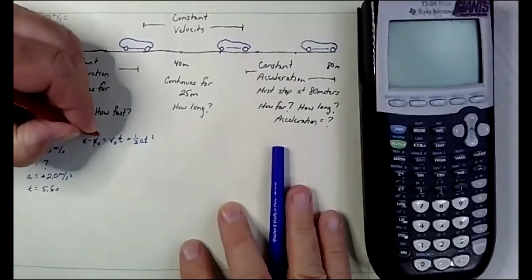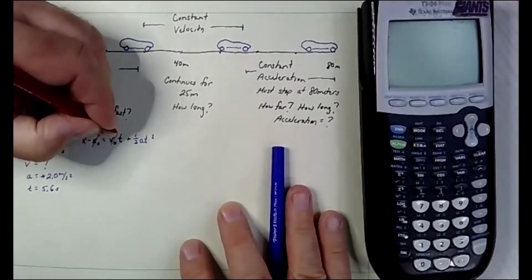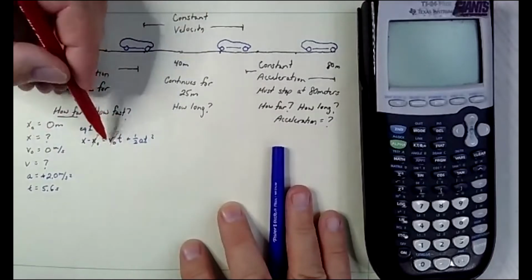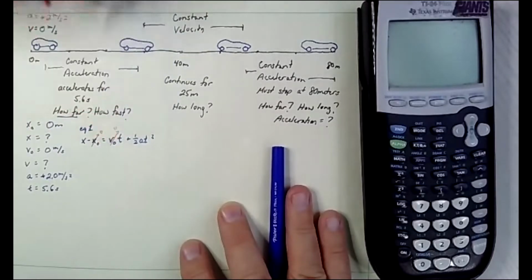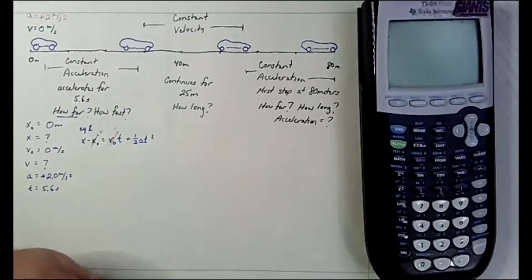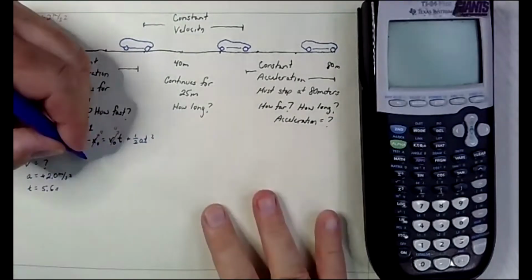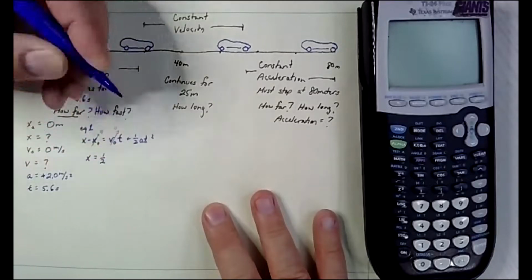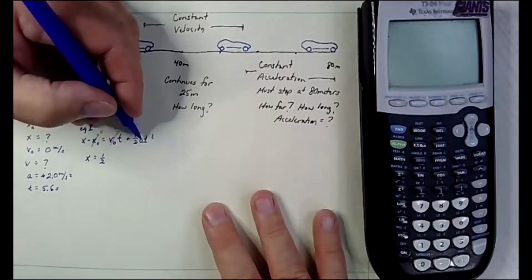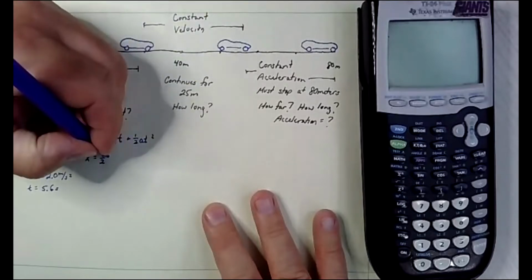That means that our initial position is 0, and our initial velocity is also 0. And remember, it doesn't matter what the time is, 0 times any number is still going to be 0. So now I can put in some numbers, and remember, I'm looking for x. And that's 1/2. So these terms are all gone, 1/2 a t squared. The a is 2.